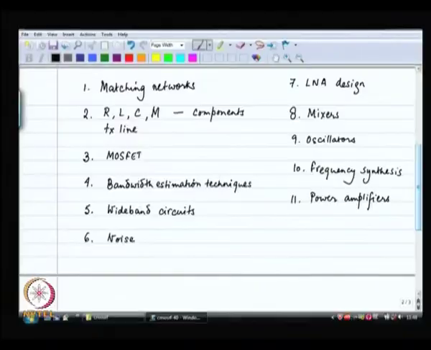So, these are all the different items that we have covered. We started off this course with matching networks, then we discussed what are all the components that are available to us on an integrated circuit. So, we have resistors, capacitors, inductors, mutual inductances a lot of times, transmission lines.